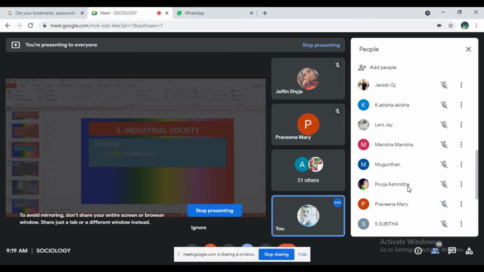Yes, sir. Can you list a few characteristics of industrial society? Social mobility. Yes, can you explain about social mobility? For the work purpose. Yes, excellent. Mobility means movement of social status, from lower to higher status.